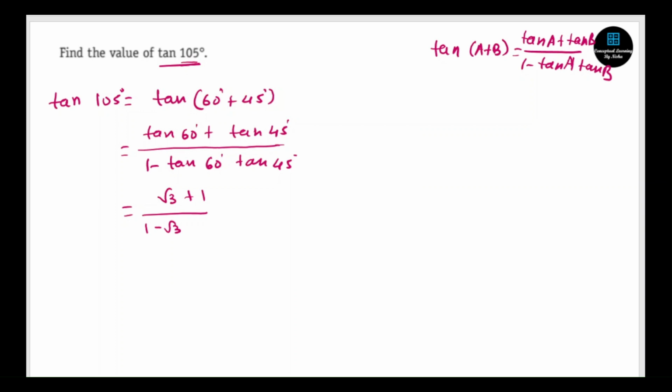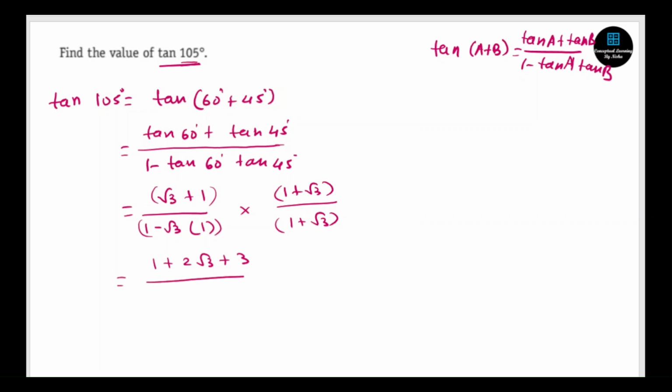Now this is into 1, and now we have to rationalize this. So multiply by 1 plus square root of 3 in both. What do we get? Let me simplify the numerator also: 1 plus 2 root 3 plus 3, upon, in the denominator, 1 minus 3.